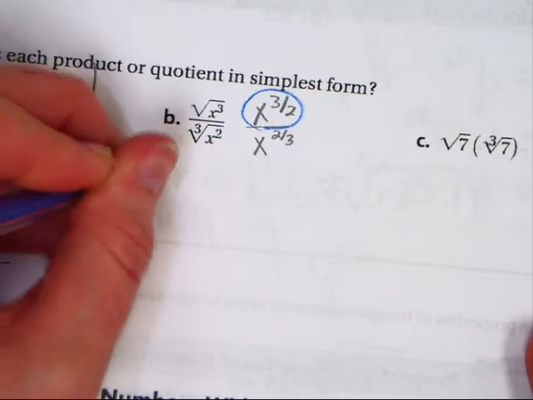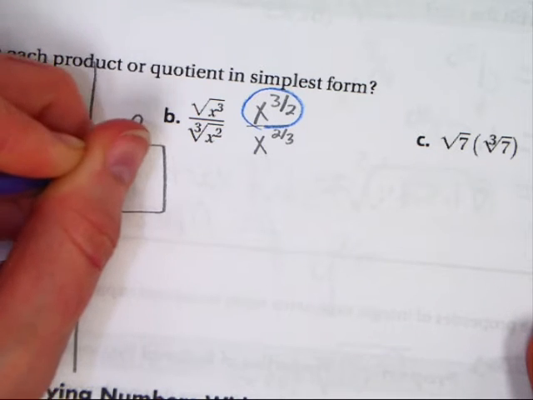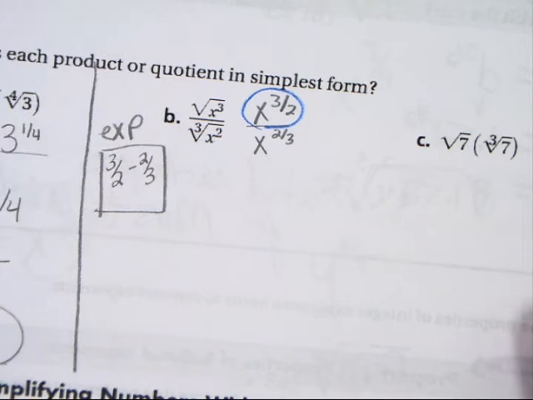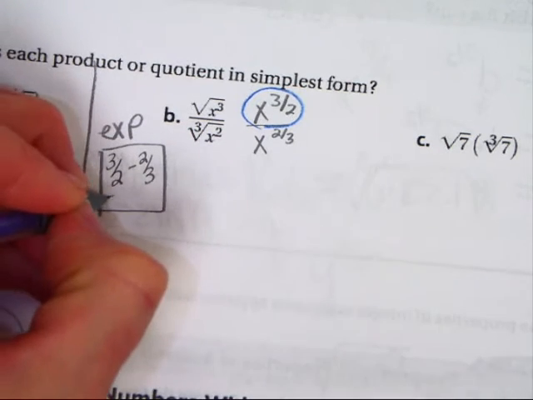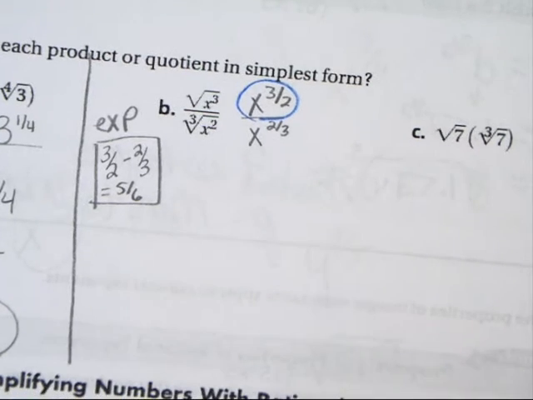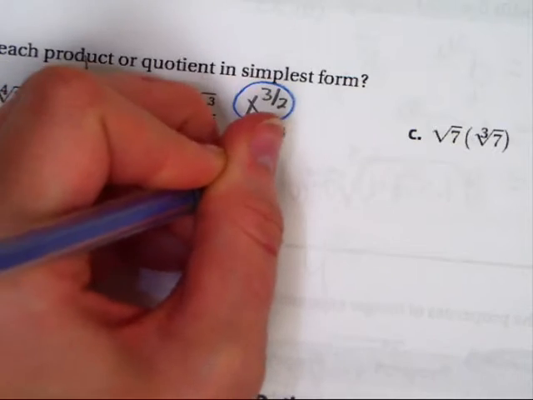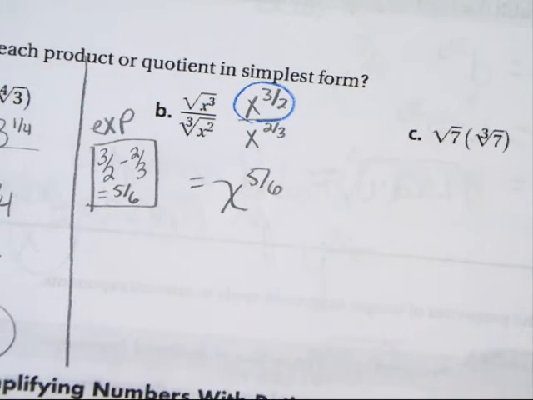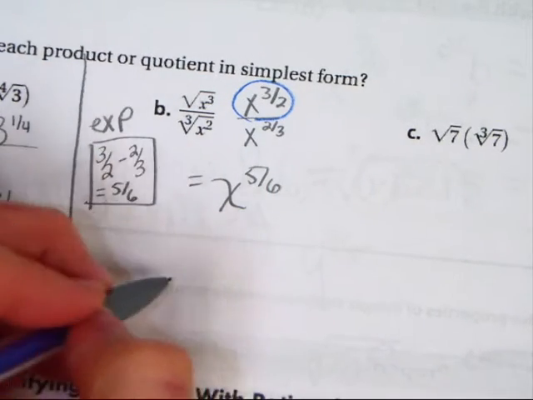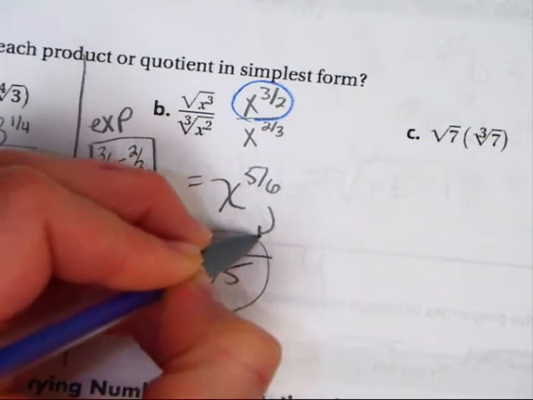So for your exponents, I do 3/2 minus 2/3. 3/2 minus 2/3 is 5/6. You guys don't know how to work with fractions. You're in a lot of trouble here. Alright, so this equals x to the 5/6. Do not leave it like this. Put it in a radical to finish it off.